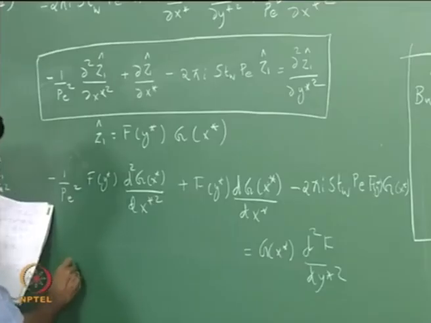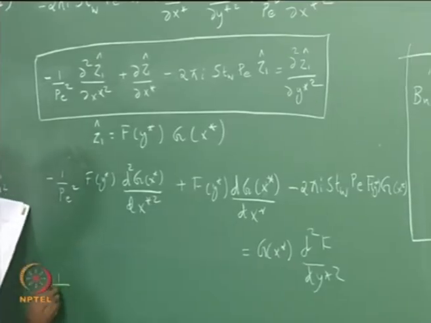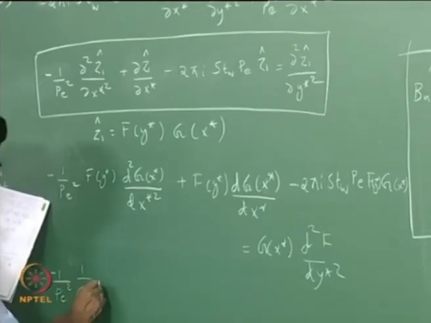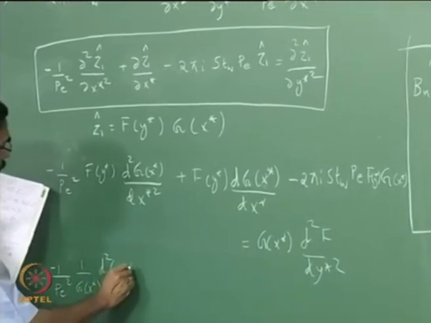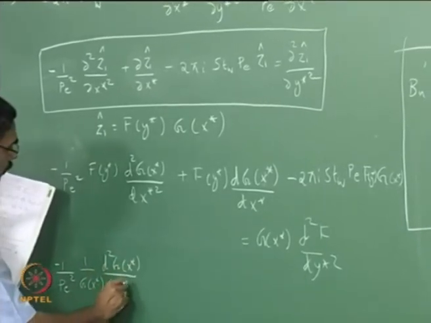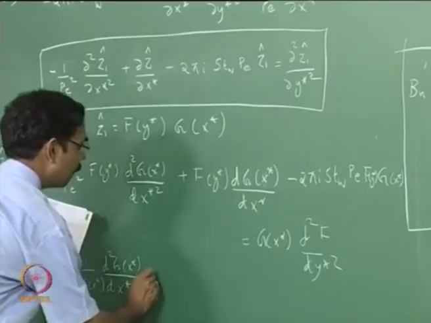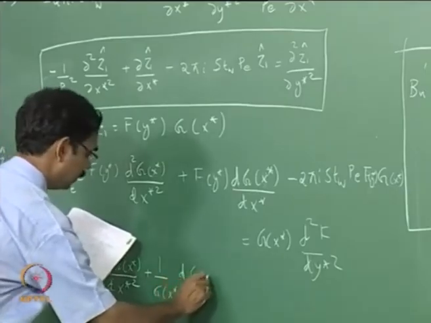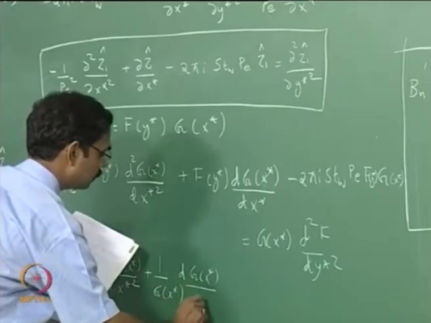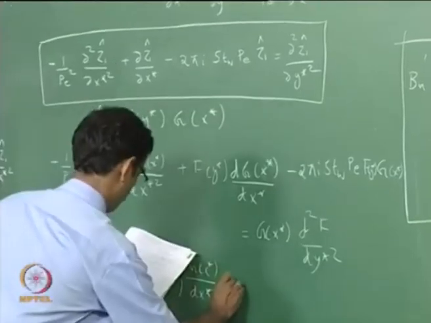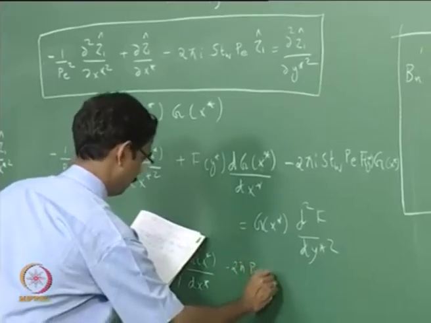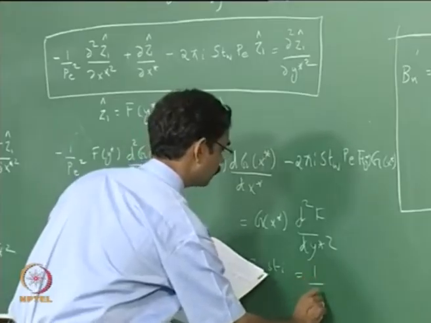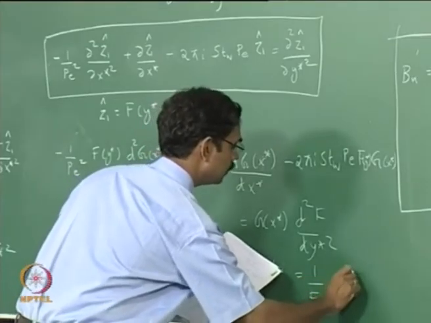So you will get minus 1 over Pe squared 1 over g of x star d squared g of x star over dx star squared plus 1 over g of x star dg of x star over dx star minus 2 pi Pe St I equal to 1 over f of y star d squared f over dy star squared.